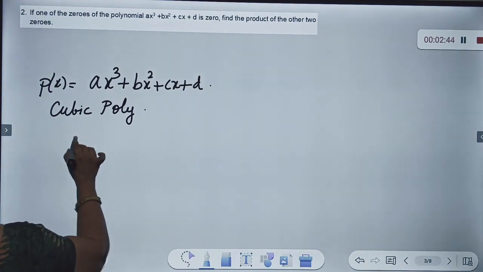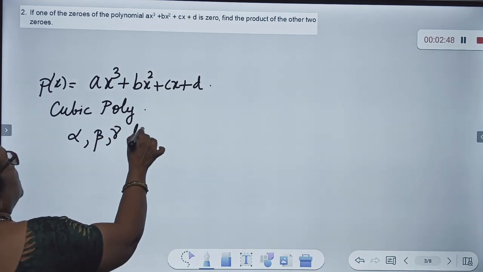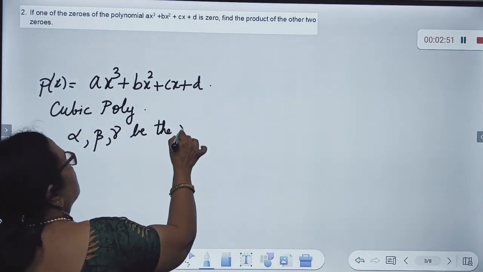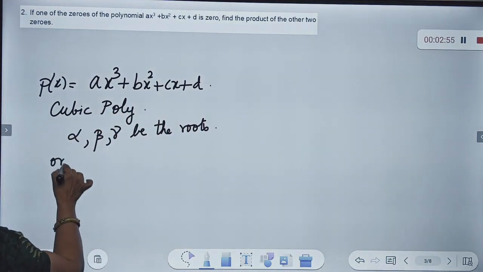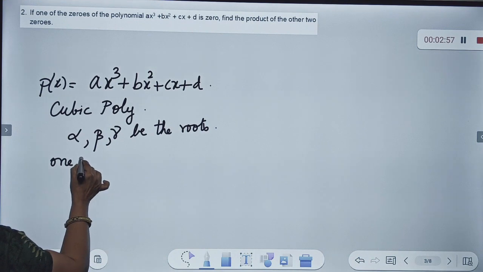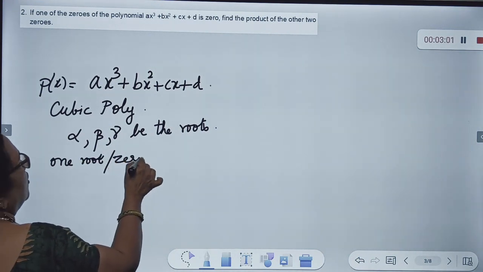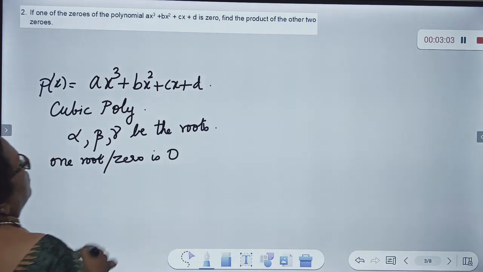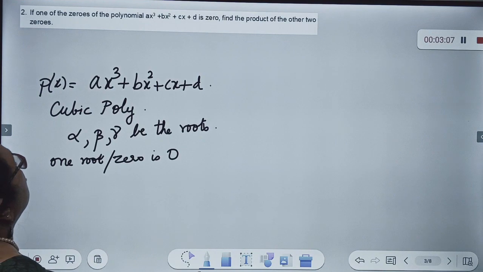It will have 3 roots. So let alpha, beta, gamma be the roots. Now one root is 0. One root, which we also call a zero of the polynomial, is 0. Then we want to find the product of the other two zeros.